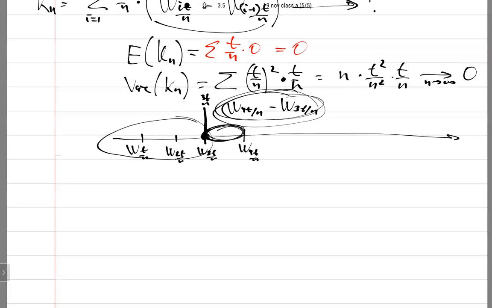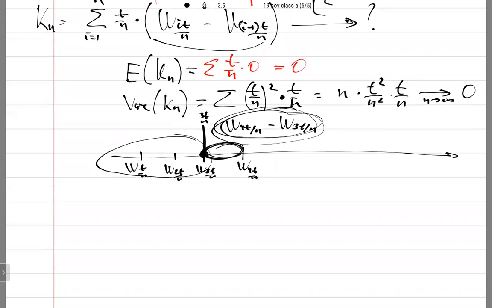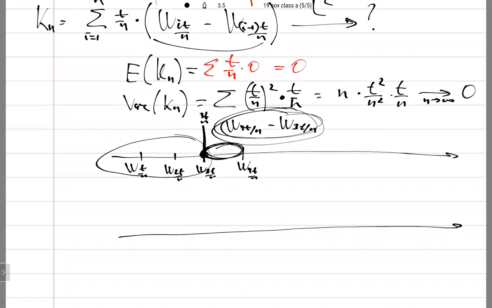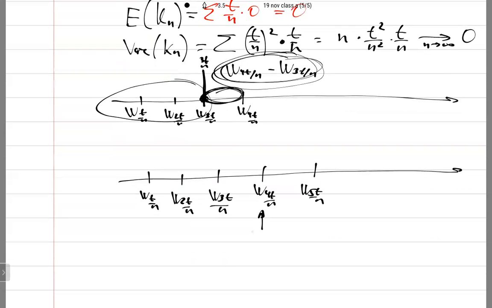Okay, once again, maybe the most subtle point in this proof of variance. Once again, WT over N, W2T over N, W3T over N, W4T over N, W5T over N. If the current time is 4T over N, then W5T over N minus W4T over N is a future increment.